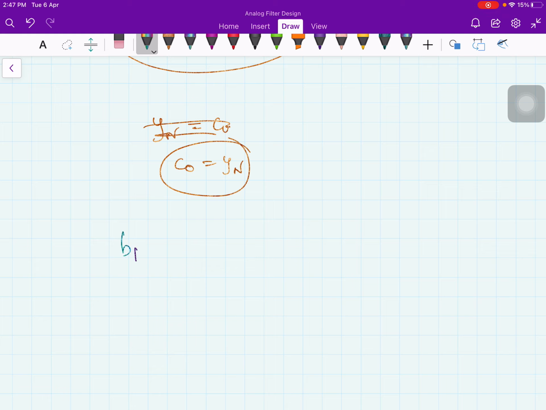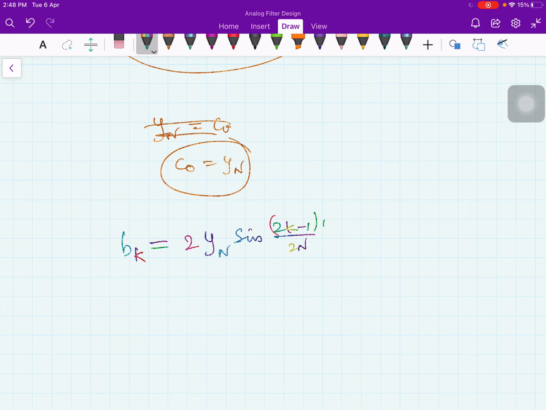Now what is B1? We know the formula for B1. Let me write the general formula for Bk: twice yn sine of 2k minus 1 pi by 2n. So substituting k equal to 1, B1 is equal to 2 y4 sine of pi by 8, and that comes out as 0.20275.